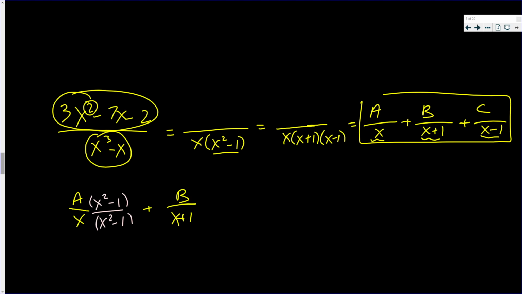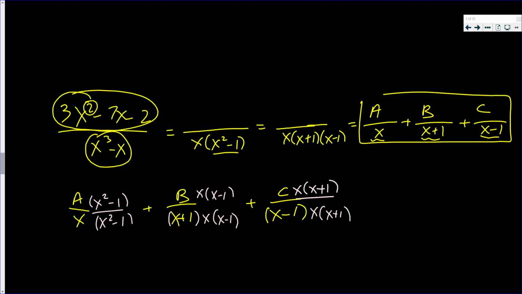Well, the b is going to need an x times an x minus 1, at least the denominator needs that. Plus c over x minus 1. The denominator is going to need an x and an x plus 1. I can only multiply by 1.